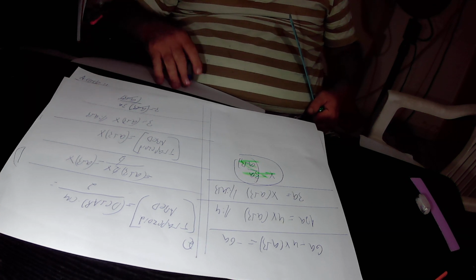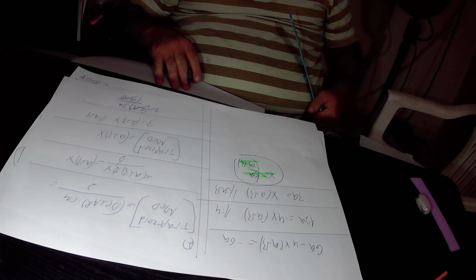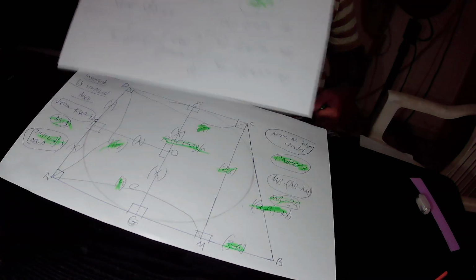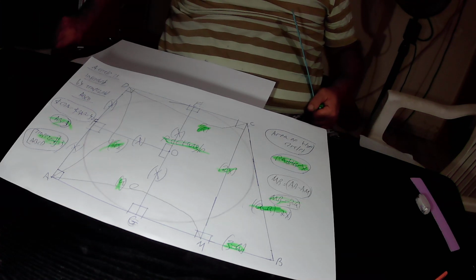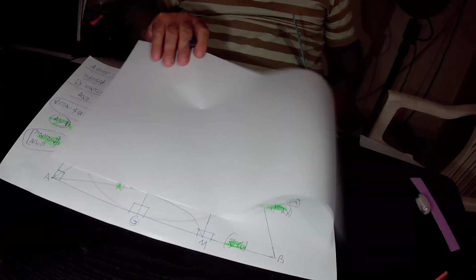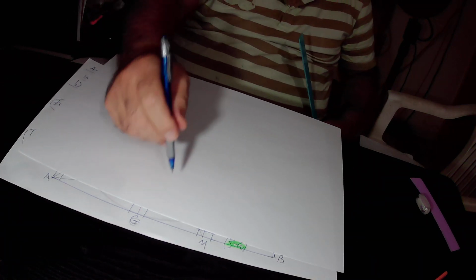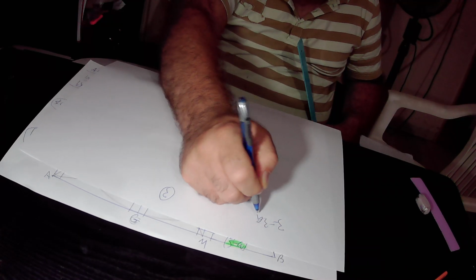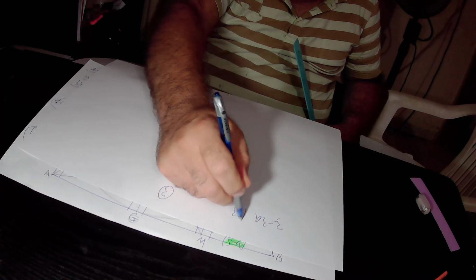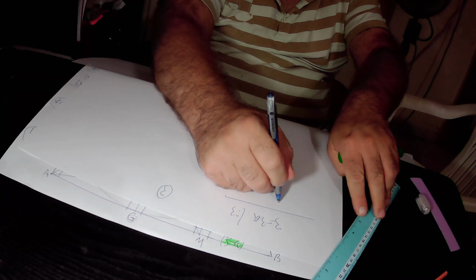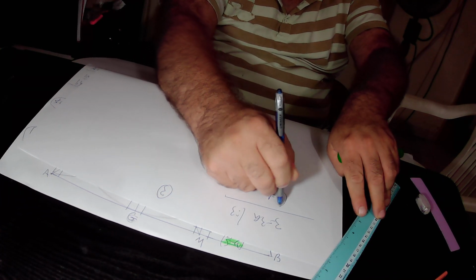And we are left only with 3 equals 3a. Here we divide this equation by 3 and we get that a equals 3 over 3, that is 1. So a equals 1 unit in its length.